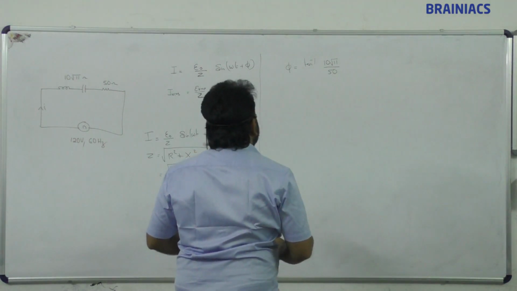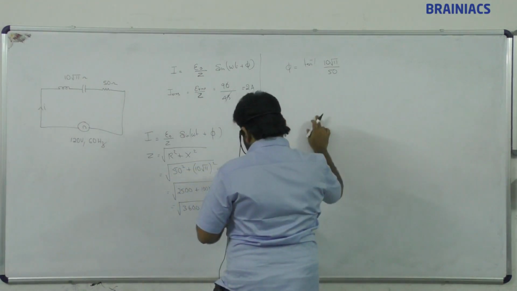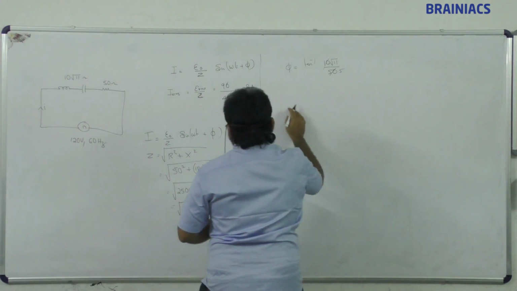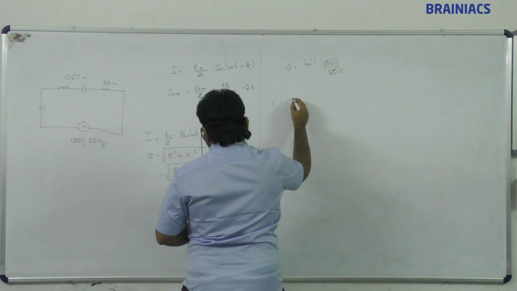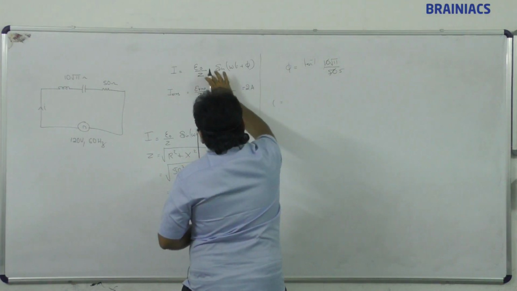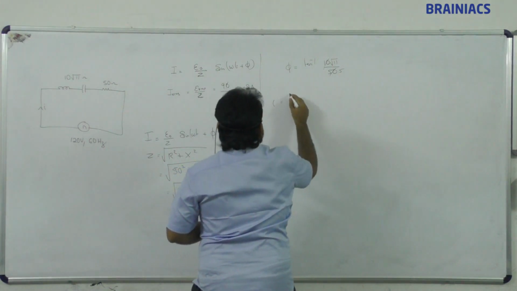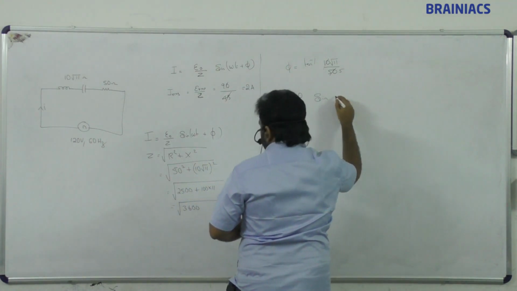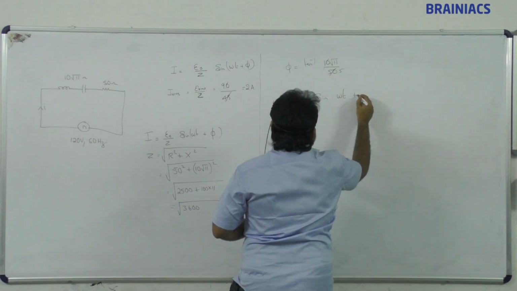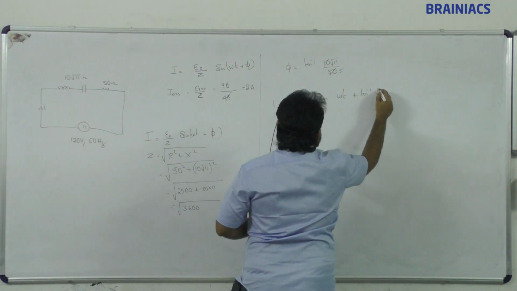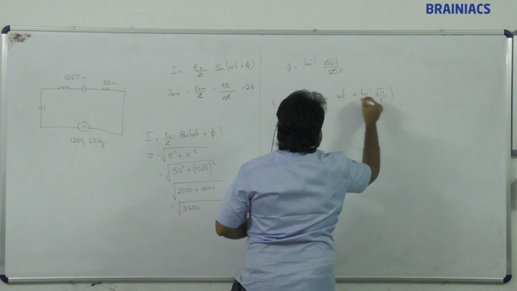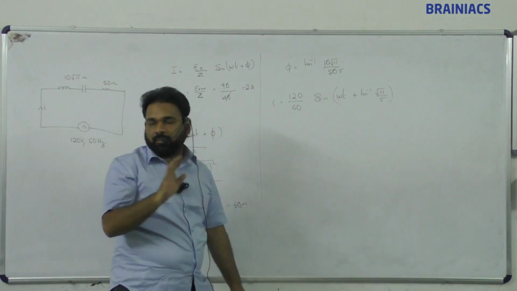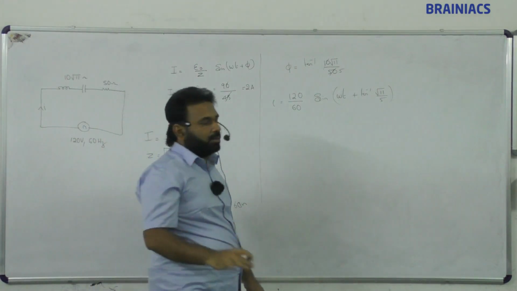So this is going to be root 11 by 5. Then I is equal to E naught by Z, divided by 60, sine omega t plus tan inverse of root 11 divided by 5. Done. So this is the instantaneous value of current. Everything is clear, right?